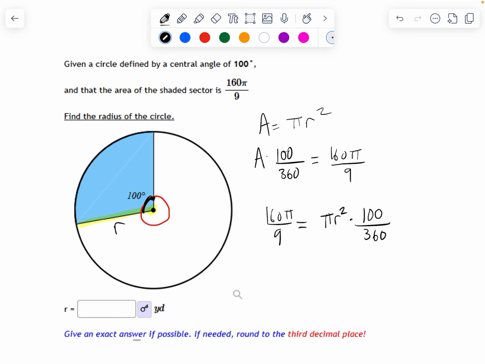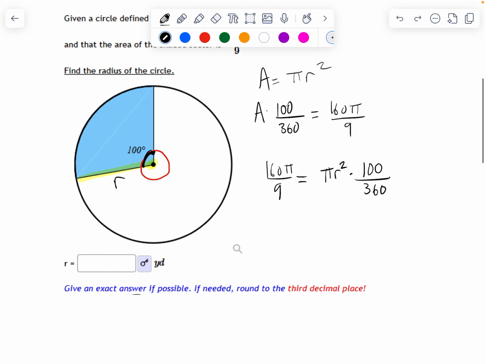There you go. Now you have a relationship. Now you know how to relate your 160 pi over 9 to your 100 to your radius. All right, so now we just need to solve for r. Our goal is r equals, we want to find what the radius is, so let's get r by itself.